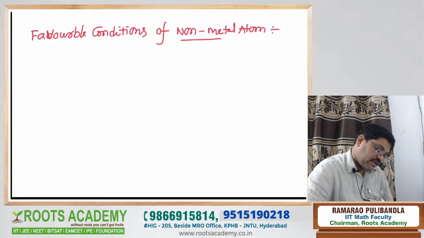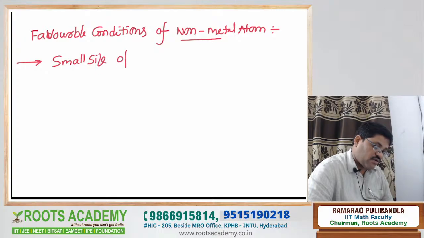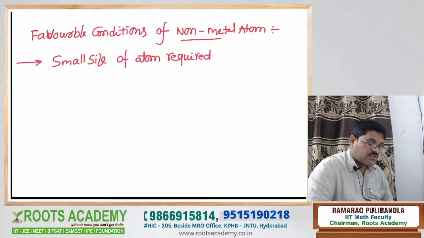First of all, a small size of the non-metal atom is required. If the atom size is small, its electron affinity value is more. As I said in the last class, electron affinity means electron acceptance nature.